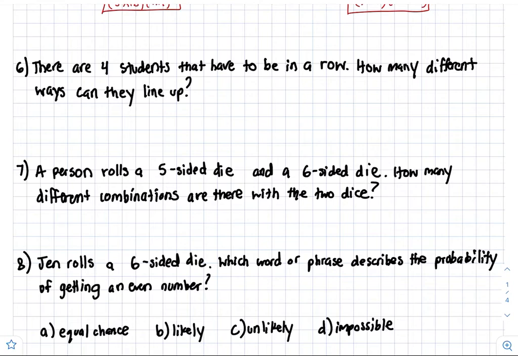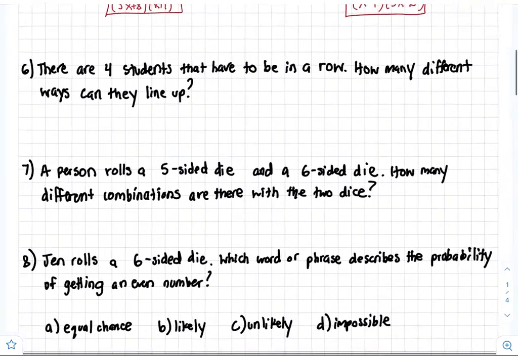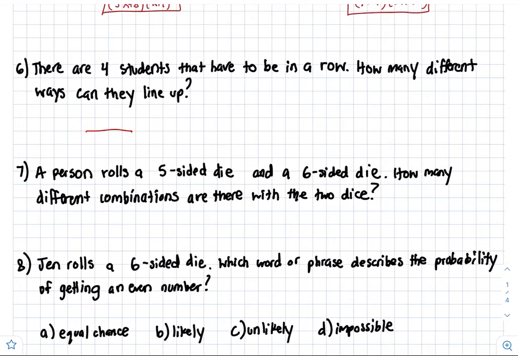Number 6, there are 4 students that have to be in a row. How many different ways can they line up? So there's 4 students, and this is your counting principle. First of all, there's 4 different slots. So you have to ask yourself, how many students can be in each slot? Well, there's 4 different possibilities there.